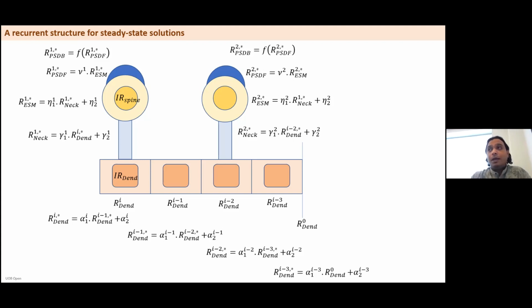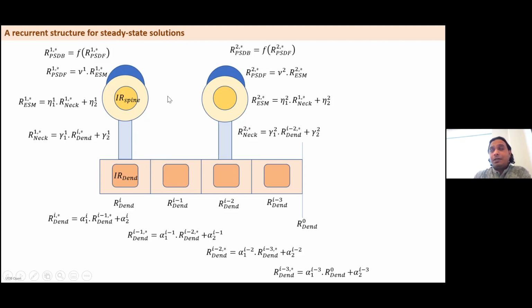where we can quickly, within seconds, compute the steady state solutions. We just need the steady concentration of the receptors at the boundary condition and the parameters, and we can backtrace within seconds the density of the receptors in each compartment.